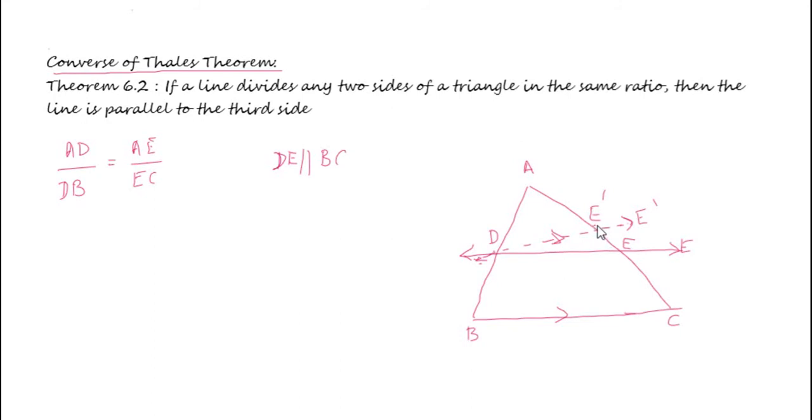This point is E dash, this point is E. So when DE dash is parallel to BC, then AD by DB equals AE dash by E dash C. This is from Thales theorem.